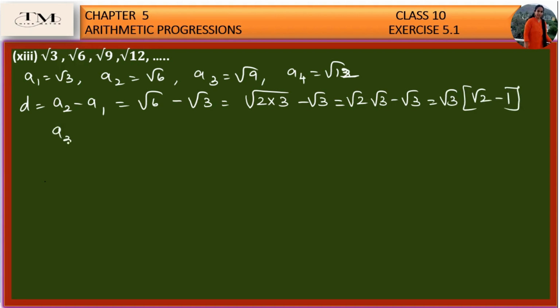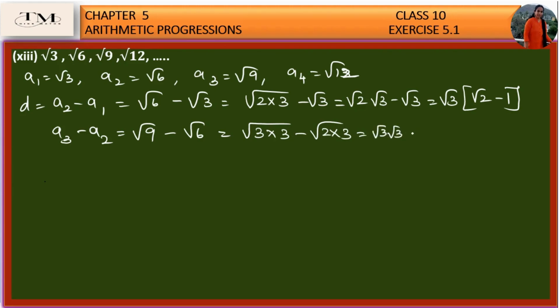Next, A3 minus A2. What is A3? It is root 9 minus root 6. So root 9 is nothing but root 3 into root 3, and root 6 is nothing but root 2 into root 3. So it is root 3 into root 3 minus root 2 into root 3.